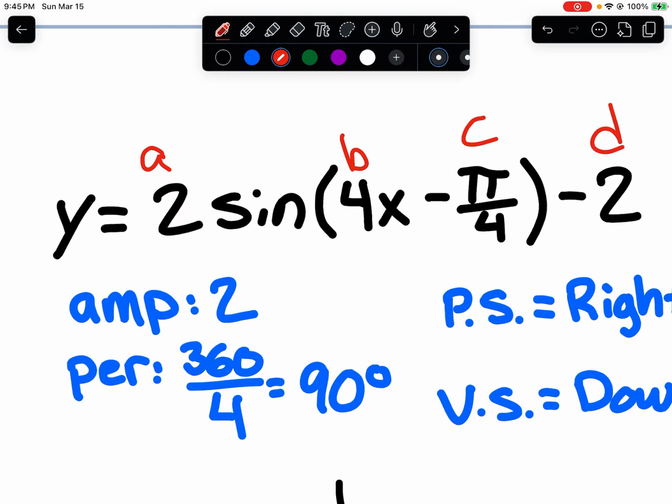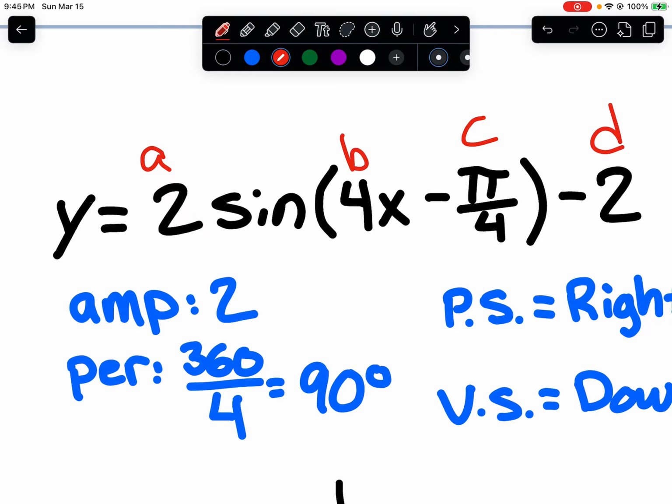Okay, now the pattern of a sine or cosine function doesn't change based off of this. It's just the starting point. So instead of starting at this point right smack dab in the middle, I'm going to shift it down 2 and right 45 degrees.